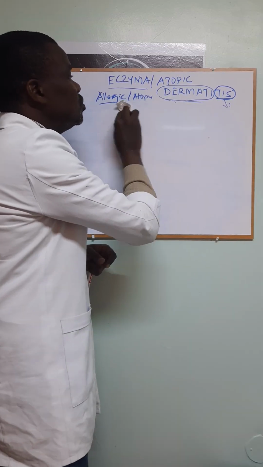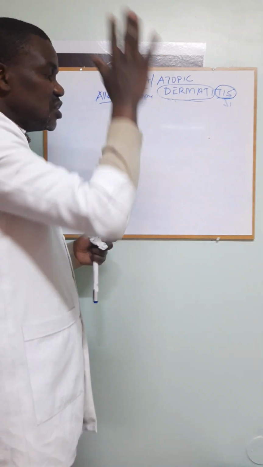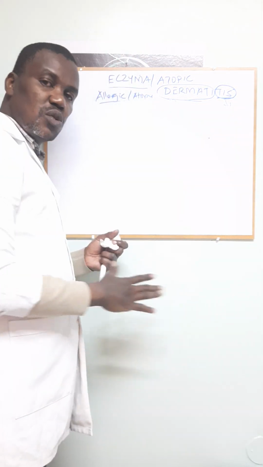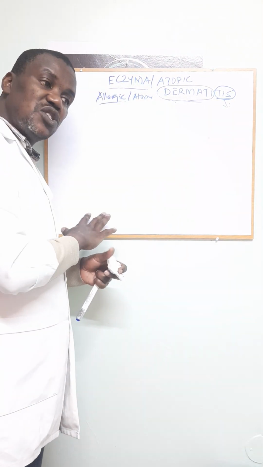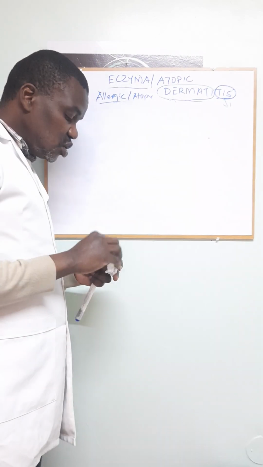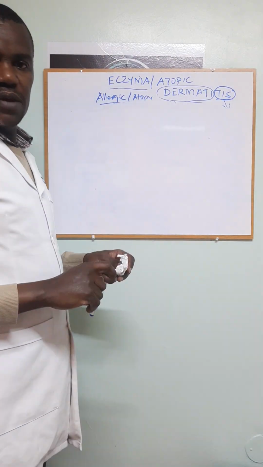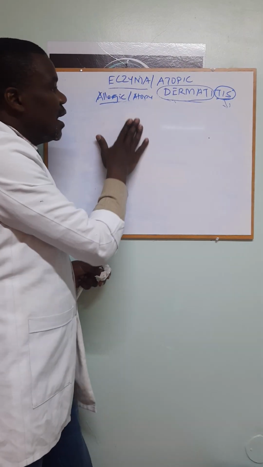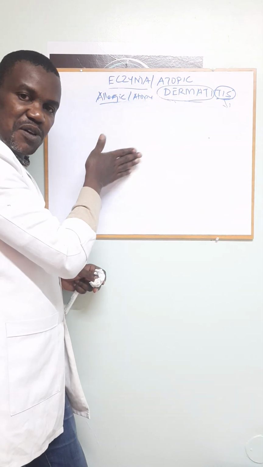So what other issues is eczema associated with? Eczema, as we've said, is associated with gastritis, nasal blockage, hypertrophy of the tonsils, and issues with reaction to medication and reaction to proteins.